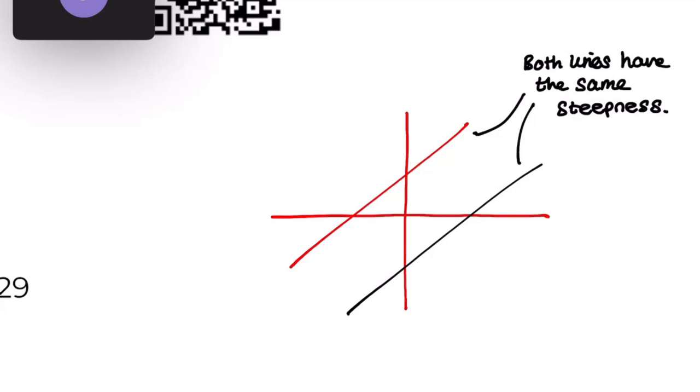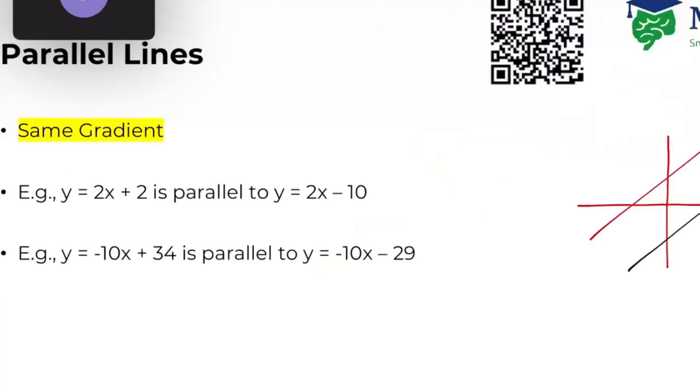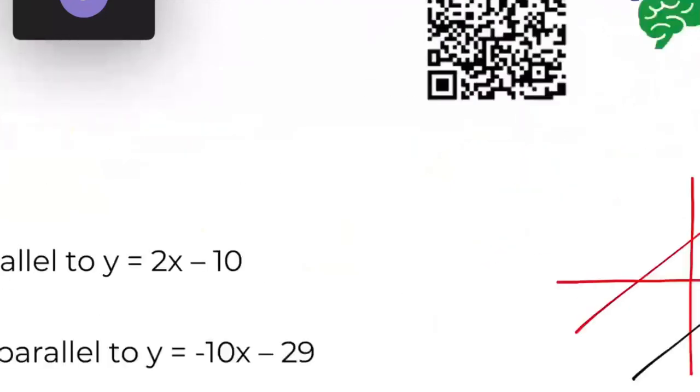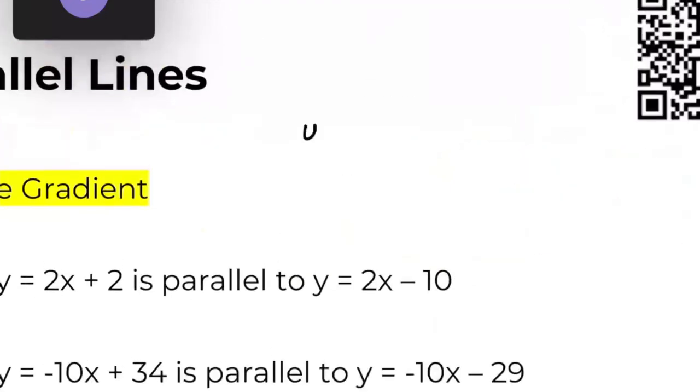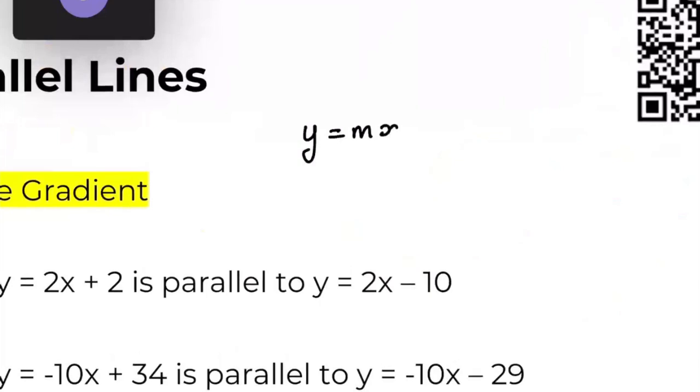Okay, and what is represented by the steepness? Remember, if we look at our equation, we know that it's y equals mx plus c. We know that this m over here represents the steepness, and the m is called the gradient.